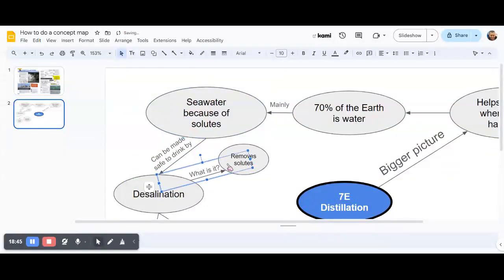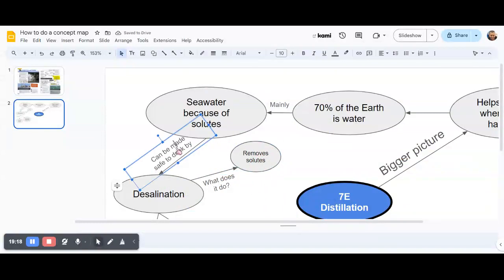And this one over here, instead of what is it, I could change it to what does it do? Reading this, I automatically know that what does it do means what does it do to help it become safe to drink? And it does that by removing solutes, which is perfect.